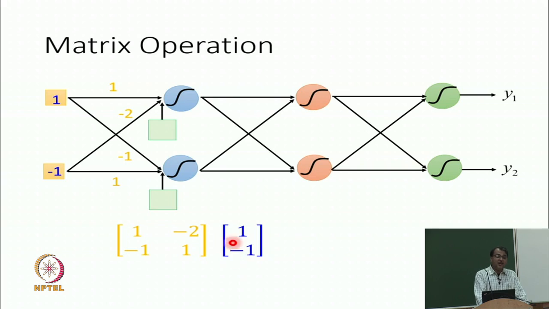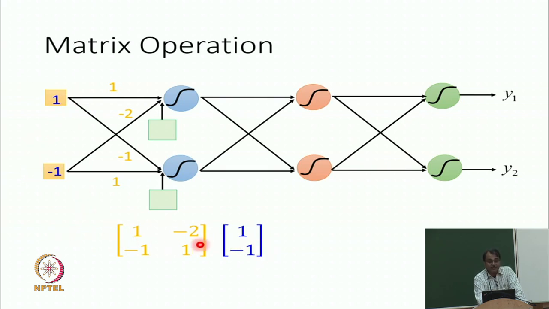So you can think of the first layer of neurons as a W matrix, where each row represents the weights of one neuron. And finally, I am going to multiply it with the input 1, -1.